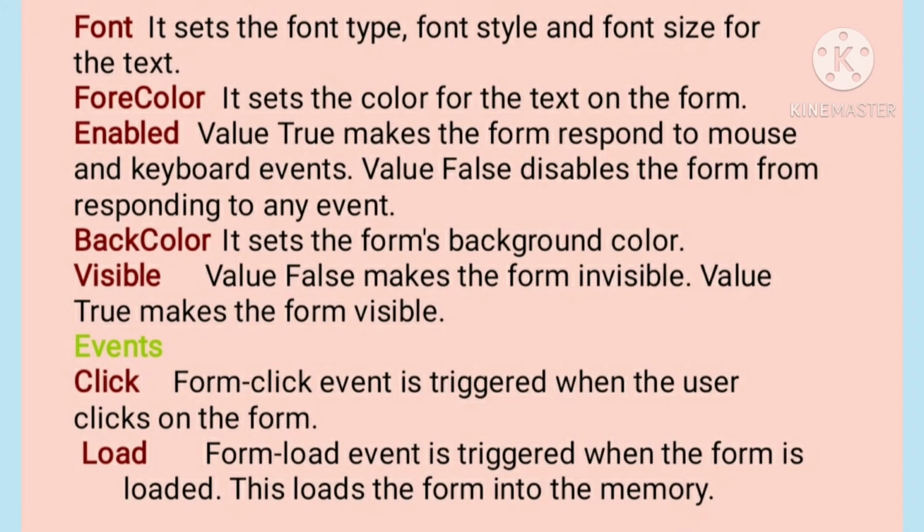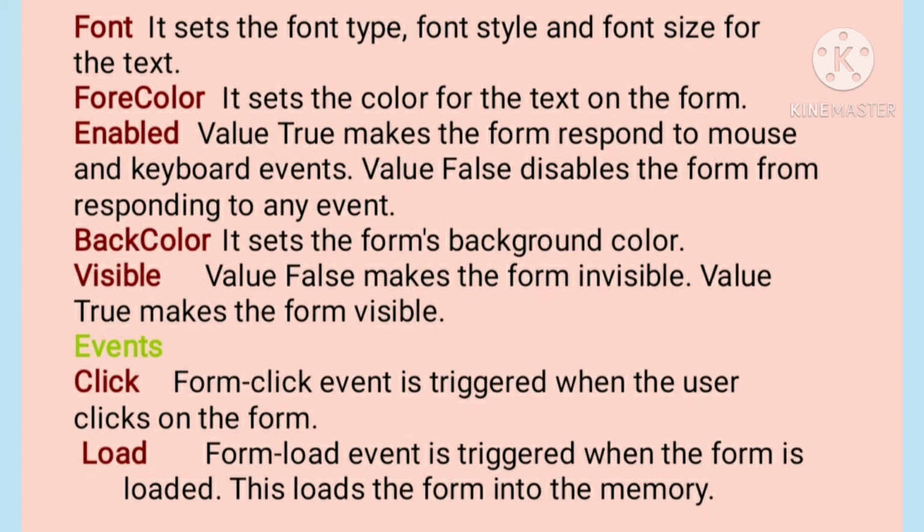Font property. When we want to set the font type, font style and font size for the text, then we use this property. For color, it sets the color for the text on the form. Enabled, value true makes the form respond to mouse and keyboard events.